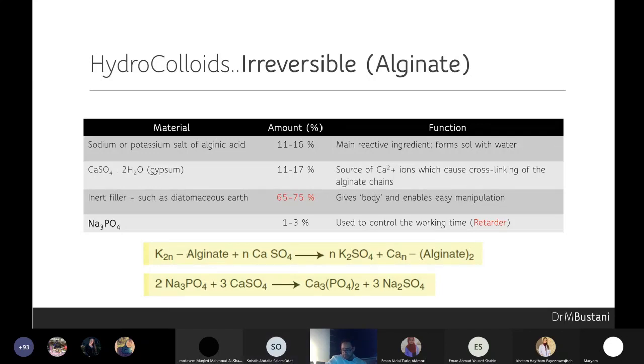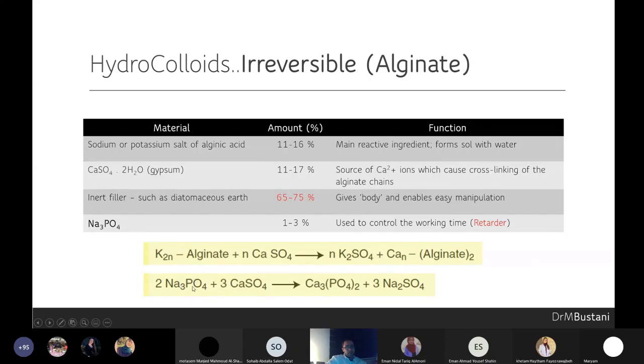Yes, potassium alginate with calcium sulfate. It will produce calcium alginate. The calcium alginate is what's called alginate. It's what gives the material its name, the main component of the set material.